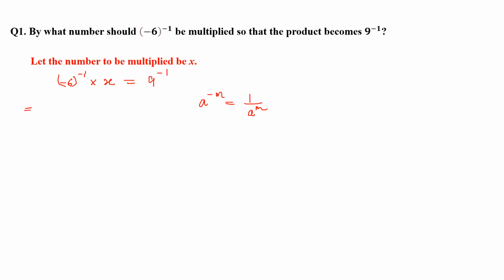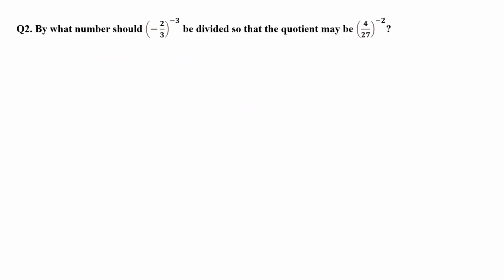Okay, so this will become 1 by minus 6 multiply by x equal to 1 by 9. And to get the value of x, I'm going to transpose minus 6 to the other side. So it will be minus 6 by 9. Let's reduce it. So 3 times 2 is 6, 3 times 3 is 9. So the number to be multiplied is minus 2 by 3.